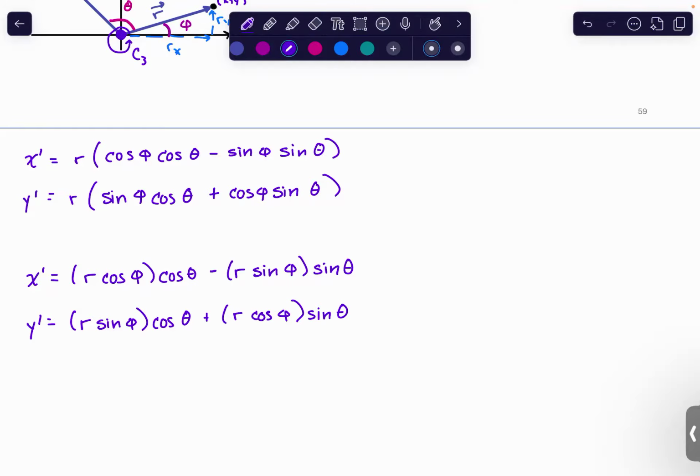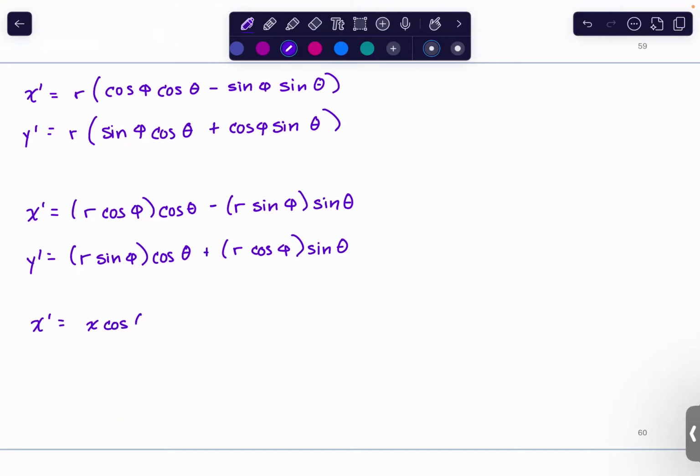Because what you notice is I can put in x and y now. So we're getting x prime and y prime in terms of the original x and y. And so x prime is going to be x cosine of theta minus y sine of theta, and then y prime is y cosine of theta plus x sine of theta.